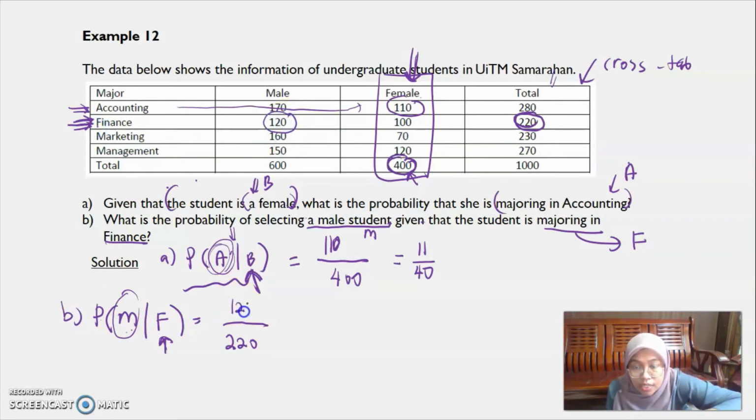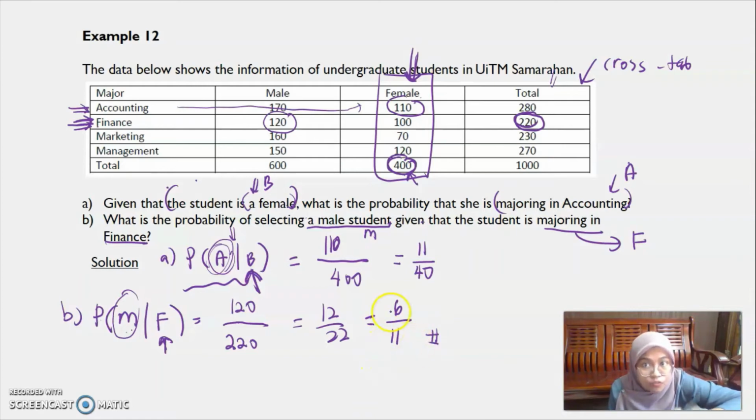So 120 over 220 is the probability of selecting a male student given that the student is majoring in finance. We can simplify this into 12 over 22, and then simplify again to 6 over 11. So this is the final answer.